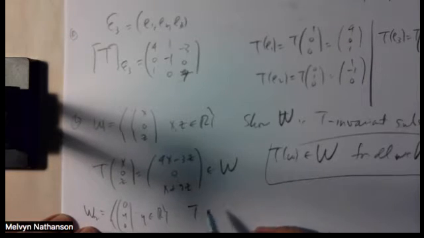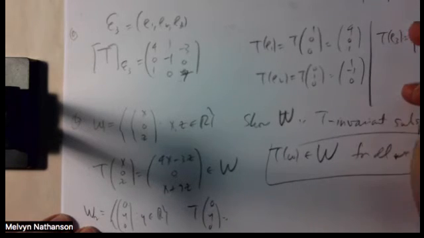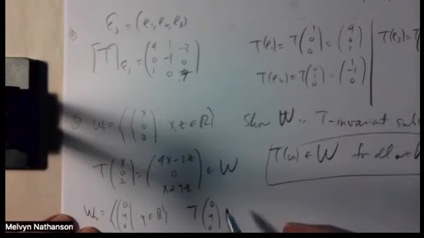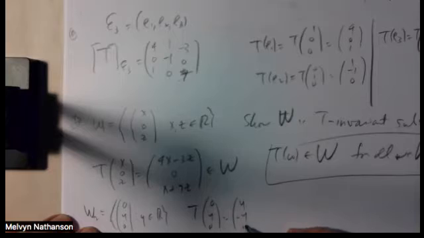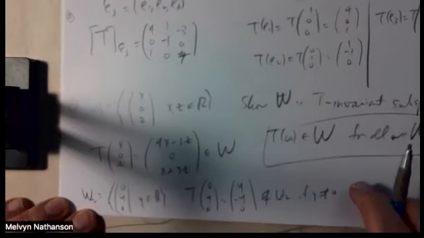What is T applied to a vector 0, y, 0? When x and z are 0, oops. Oh, good. So when x and z are 0, I get y, minus y, 0. This is not in W2 if y is different from 0.